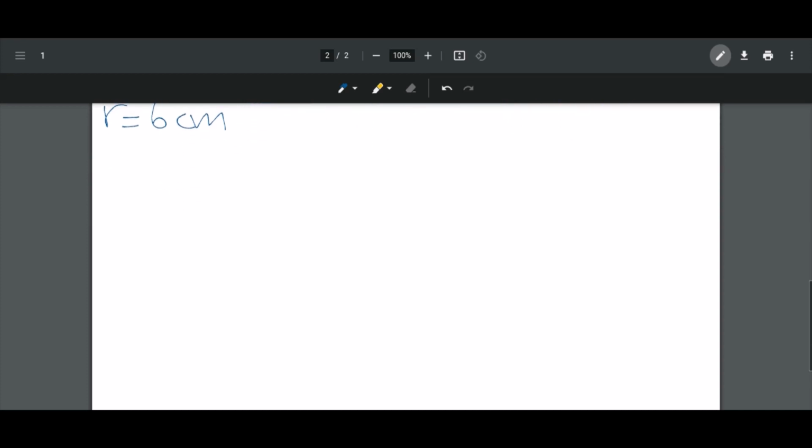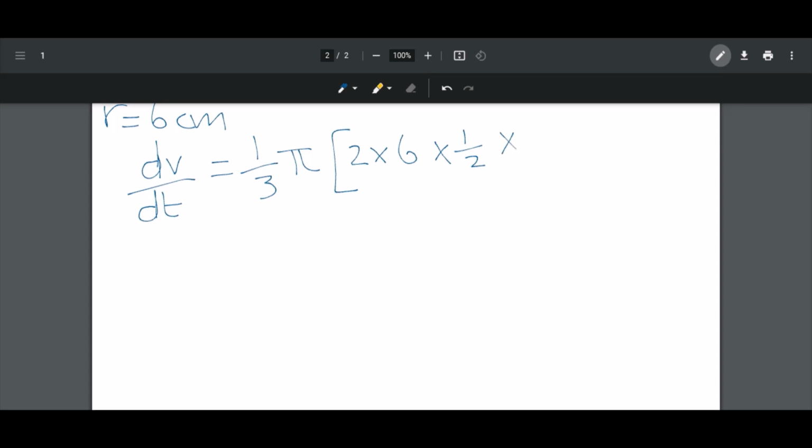So dV over dt equals 1 over 3 pi. Then we open a bracket, which should be 2 times 6 times 1 over 2 times 9 plus 6 squared times 1 over 2 times 1 over 2.